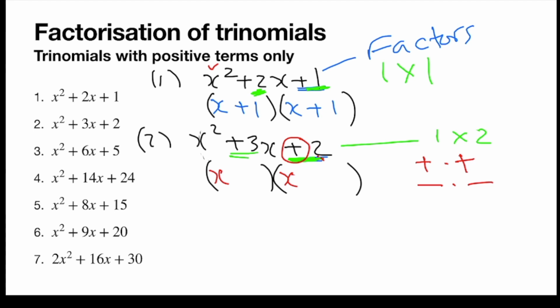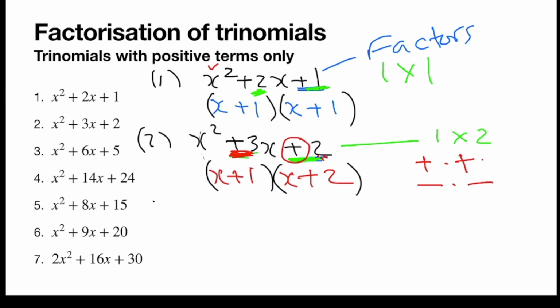They should either be both positive or both negative. But how do we know which? We know they should be positive because we want to get a positive 3. So the factors of 2 should be both positive. That is why we take the plus 1 and the plus 2.